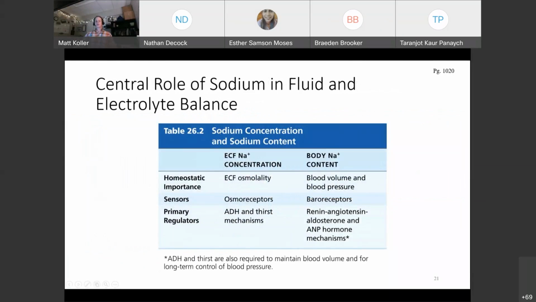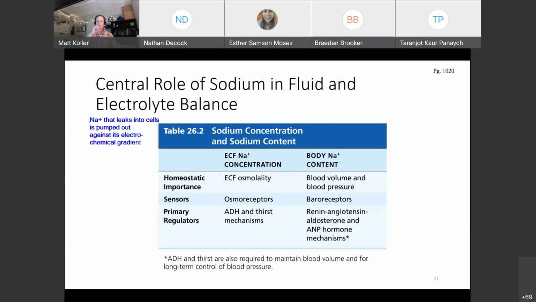Really, sodium has a central role in fluid and electrolyte balance. And where the sodium goes, fluid goes. So we're going to go back to our annotation. So sodium that leaks into cells is pumped out against its electrochemical gradient.